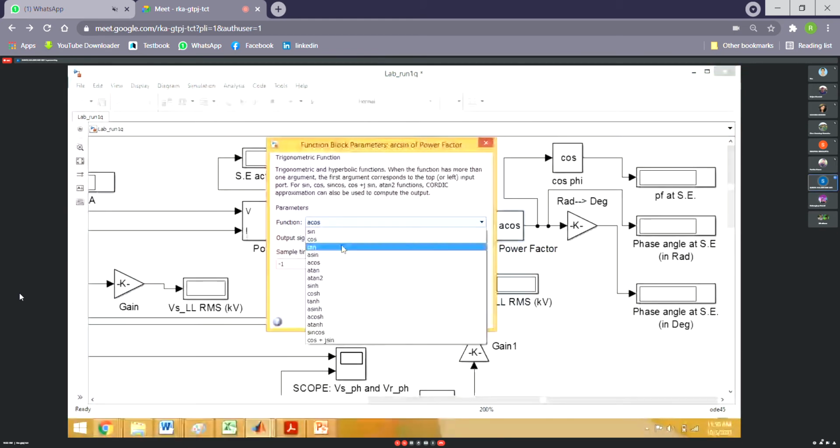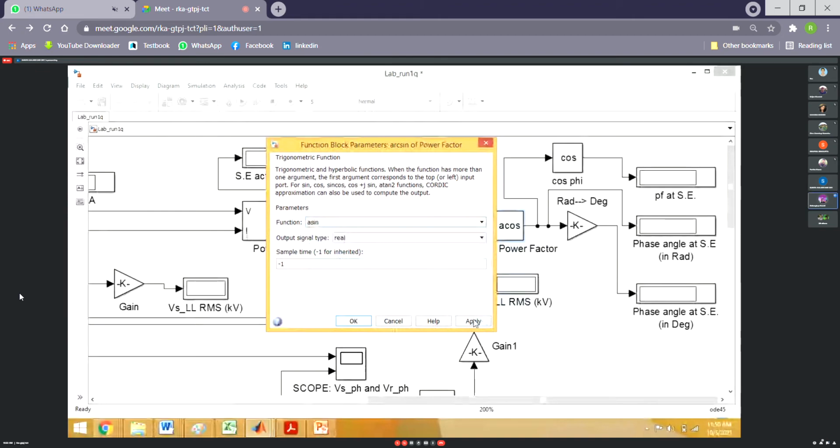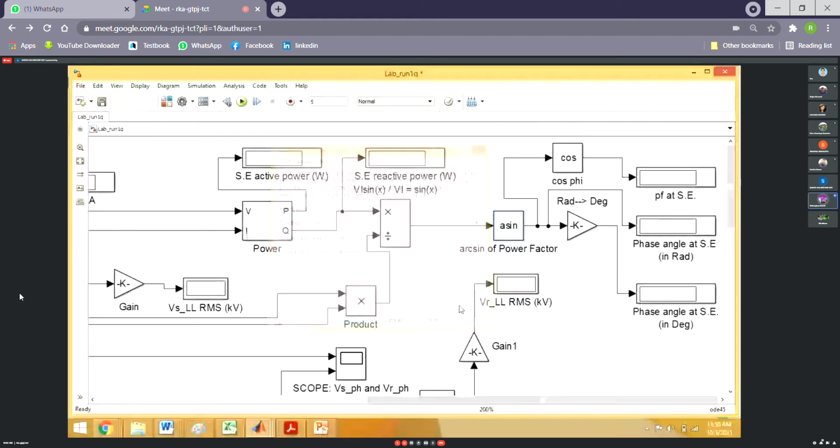I cannot follow you. Ask me again. I am just telling about that, ma'am. You have changed recently. It will be VI sin x by VI. Oh, okay. That is actually the description of the box. Actually, at first I tried with VI cos x. When I show the simulation, then you will understand. But that was not showing the result.